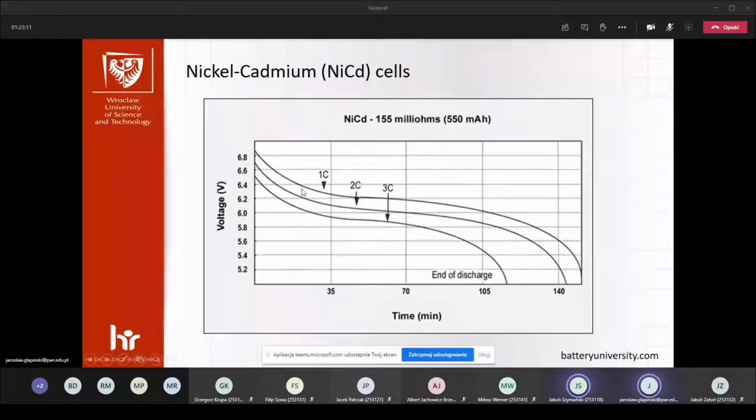Okay, this is 1C. It means that we have a current of 550 milliamperes, and this we can sum over the time of 150 minutes. So this is the power. Okay, thank you.